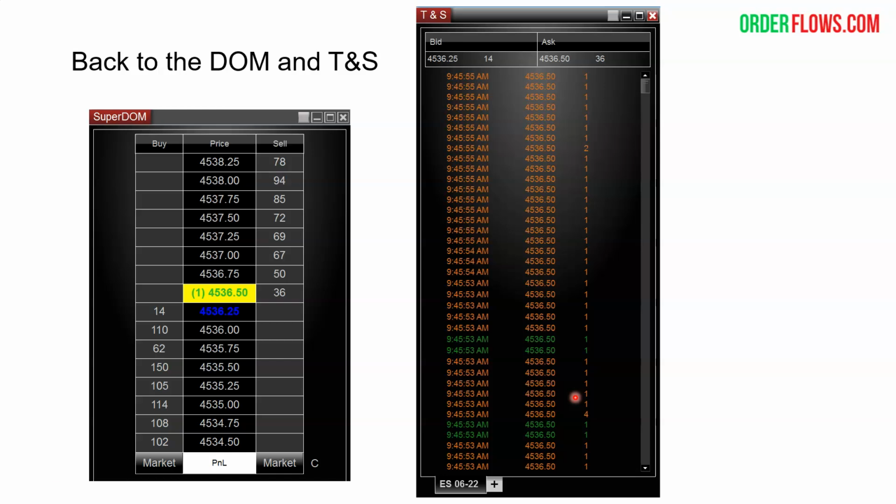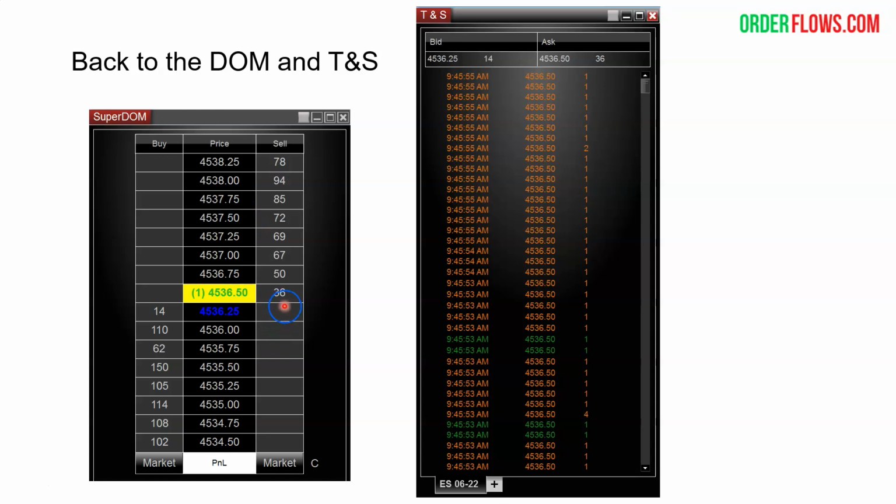I think it's almost like 1.5, because these algos chop them all up. Even though the order's for 1,000 contracts or whatever, it chops it up into the smallest size, one lot. And you can see how it traded on the bids, and how it traded on the offer in the time and sales on the DOM.